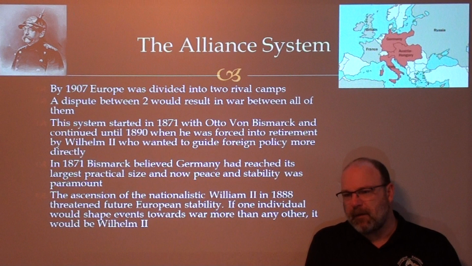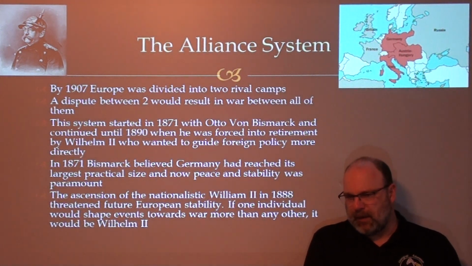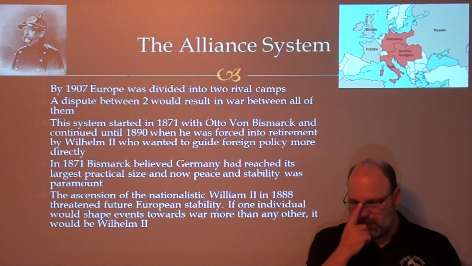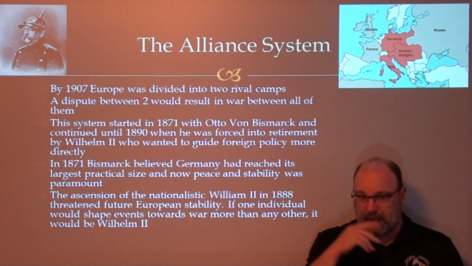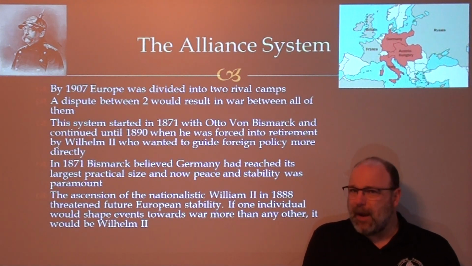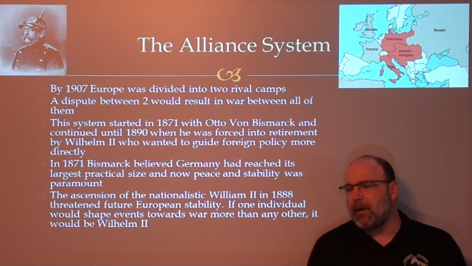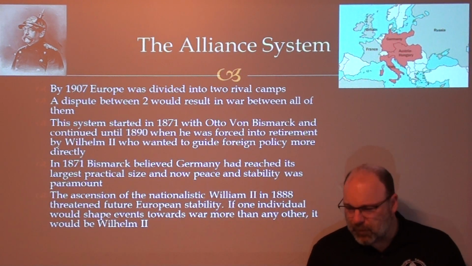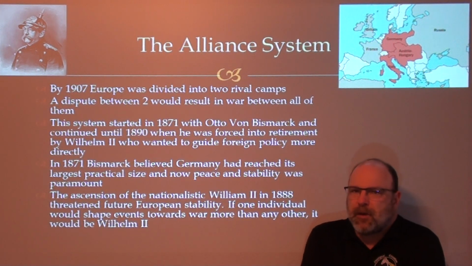Just as another footnote, Wilhelm was also directly linked to the monarchs of Russia, Tsar Nicholas II, and the King of England, George V. Kaiser Wilhelm II, Tsar Nicholas II, and George V were all first cousins, right? They all had the same grandmother, Queen Victoria. When Kaiser Wilhelm was a young boy, he loved to go visit his English cousins.